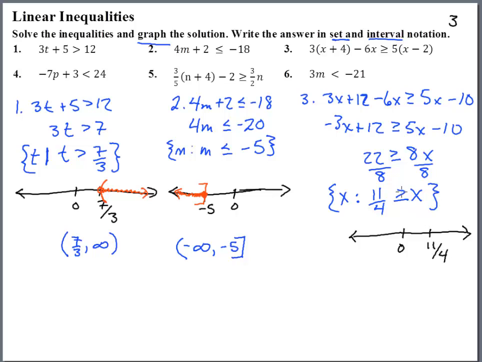And x is on the smaller side of 11/4, and it is equal to it. So this equal means we're going to do what used to be a solid dot, and then we head down. In interval notation, that looks like negative infinity all the way up to 11/4, closed on that end, open on that end.